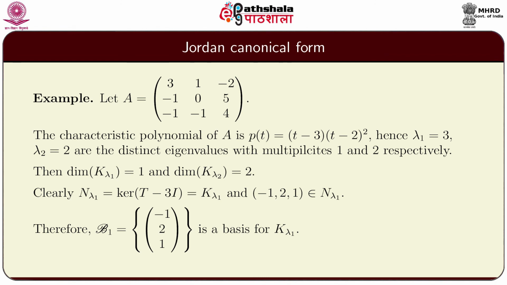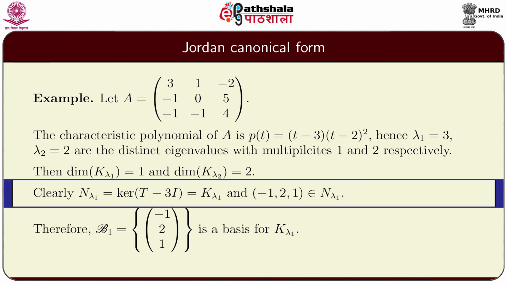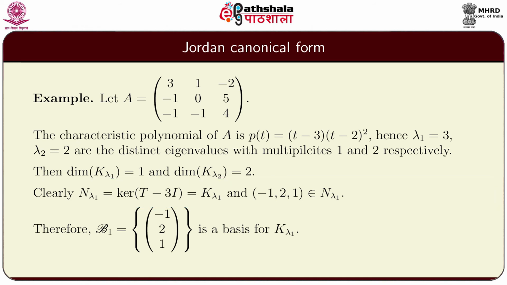Now, the eigenspace N lambda 1 is the kernel of T minus 3I and that must be the same as K lambda 1 in this case, and the vector minus 1, 2, 1 is in N lambda 1.